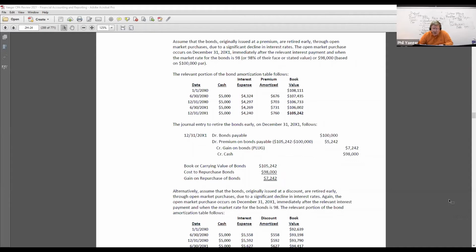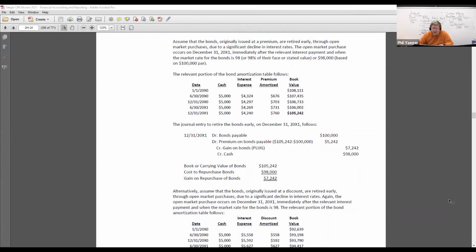And also, they make semi-annual interest payments on June 30th and December 31st, and they're $5,000. And they tell you the interest expense is given. By the way, how do you calculate the interest expense? The face value times the stated rate.